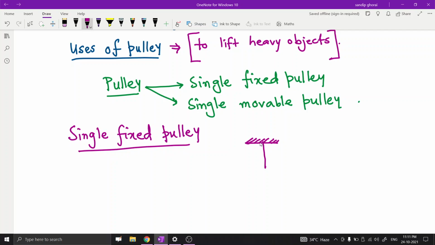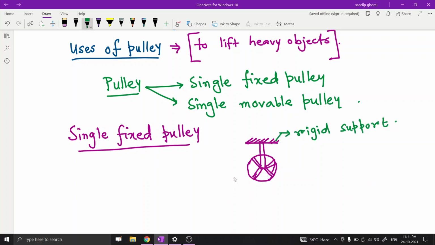We take a metal bar, and from this metal bar we hang a pulley like this. This pulley is attached to a rigid support.